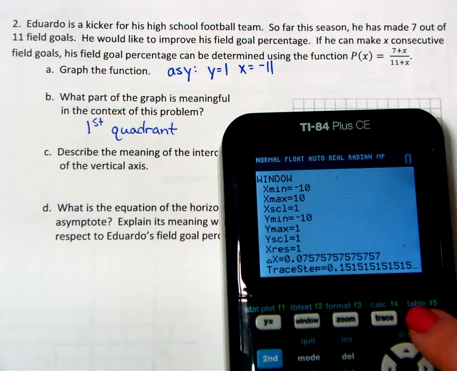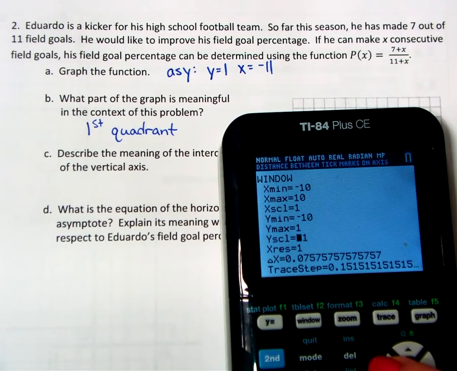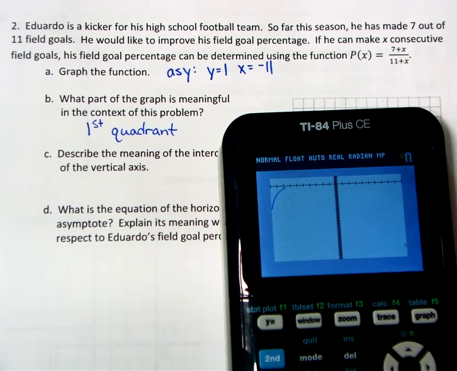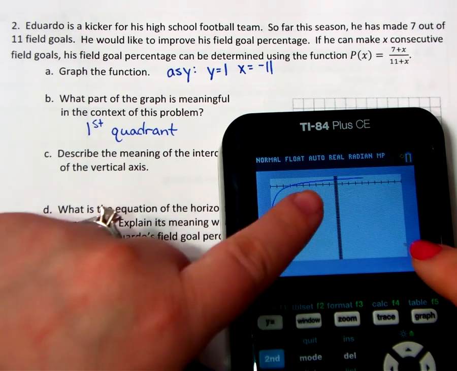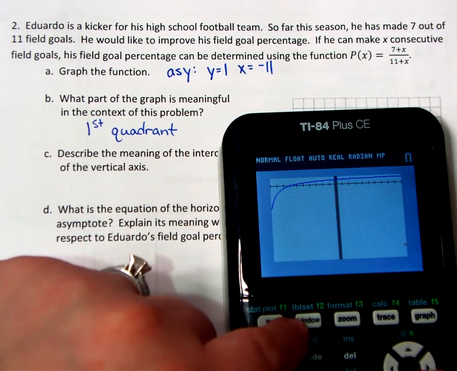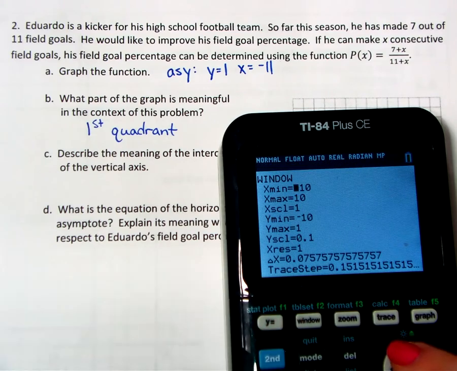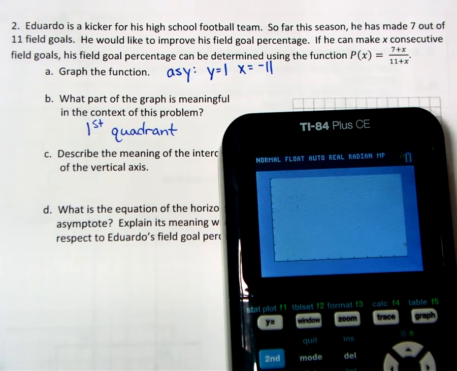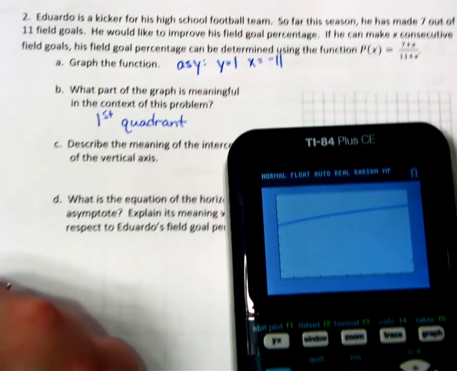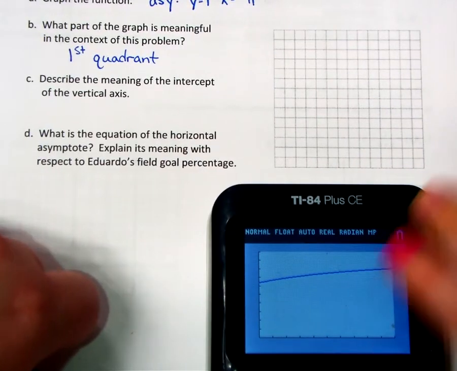And maybe it counts by tenths instead. Now we don't need all of this down here, so we can take that all out as well. So we don't need all the negatives. We don't need the negative for y either. So now it looks closer to what I'm going to see on my single first quadrant. So I'm going to count by 0.1s.